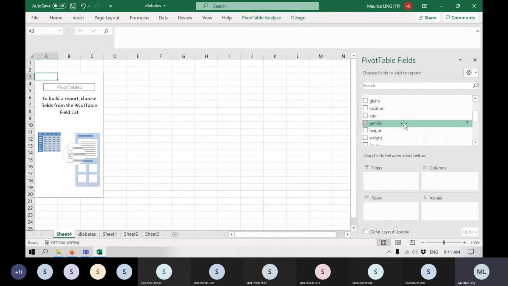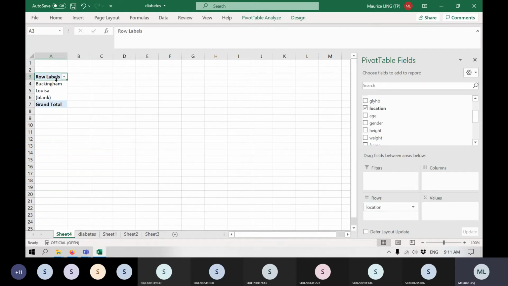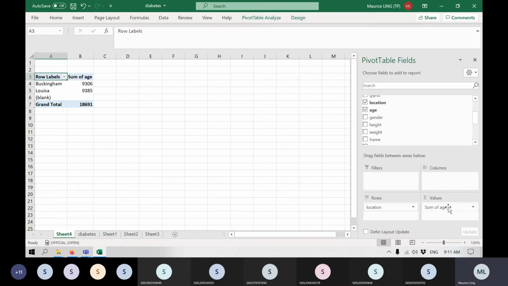For example, I can say location. So I want to split by location. I take the location, go to rows. So I have two locations, Buckingham and Louisa. I can then take, for example, the age.